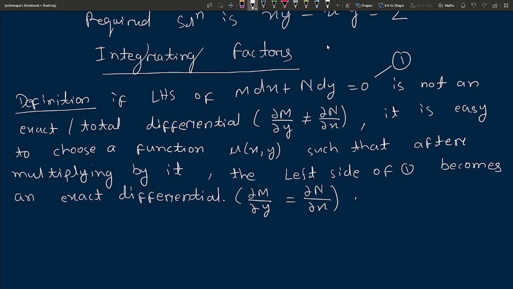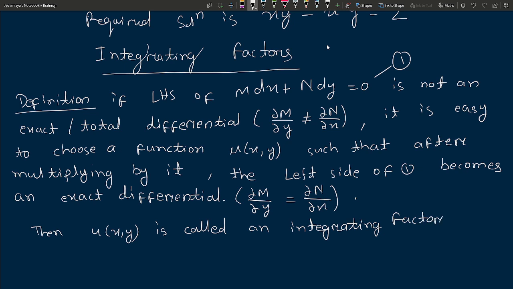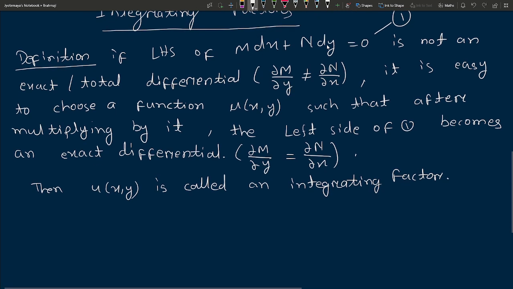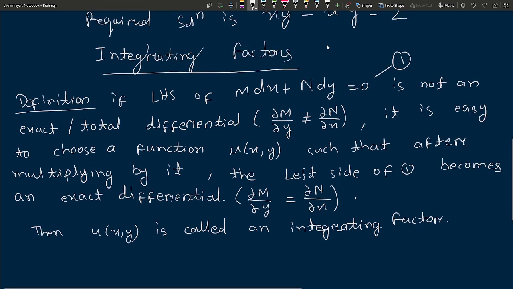So in that case, that u of x y is called an integrating factor. Whenever you have a differential equation which is not exact, and you find a function such that after multiplying by that function you get an exact differential equation, then that function is called an integrating factor.